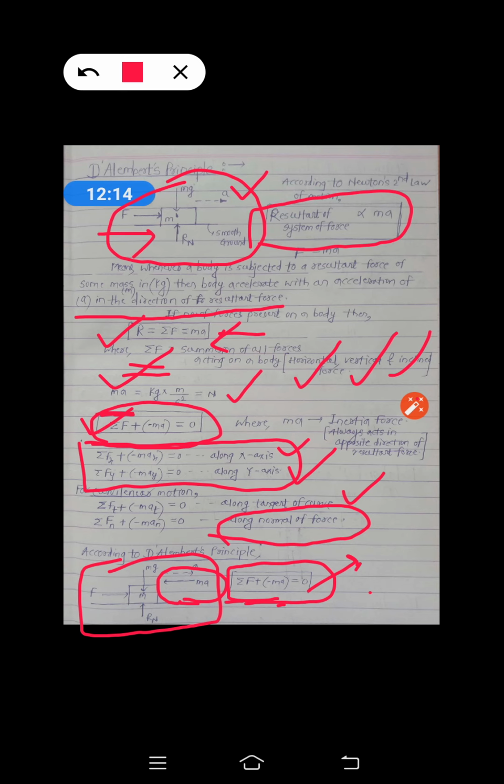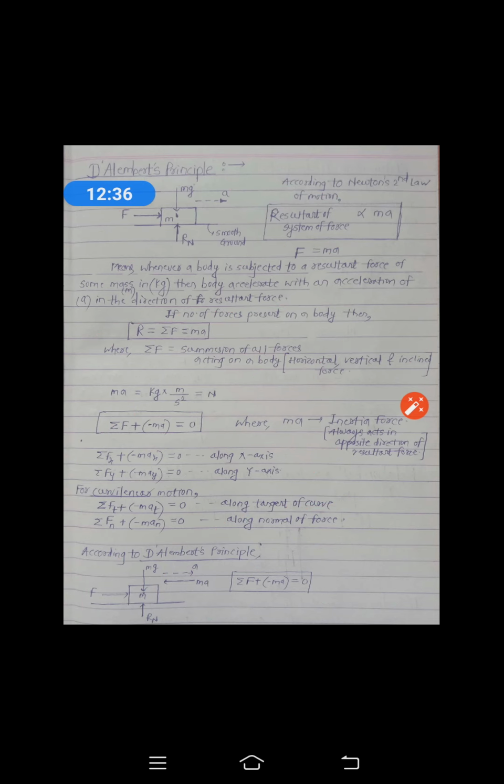So students, remember this dynamic equilibrium equation, because under this unit we solve some problems based on this principle. Okay? So let us move to the next slide.